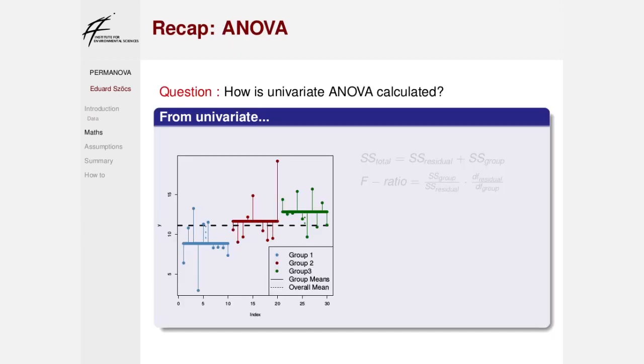But first, let's go back to the univariate ANOVA. How was this calculated? Perhaps you might remember from the univariate statistics course. In ANOVA we are partitioning the total variance into variance that can be explained by the groups and residual variance, so variance within groups.